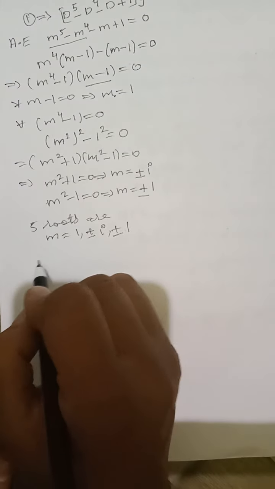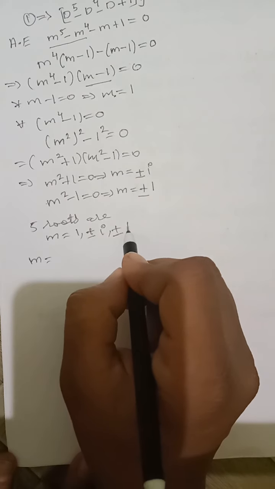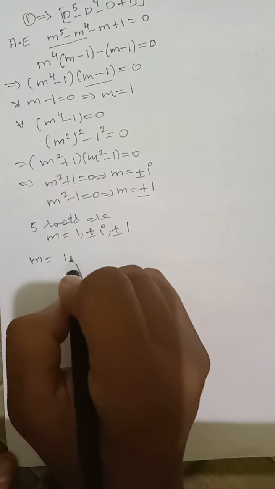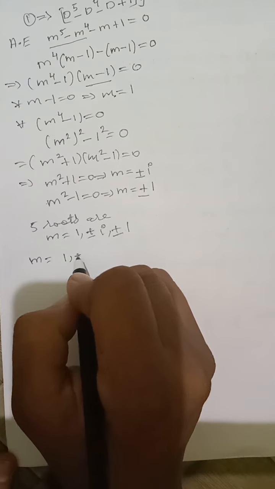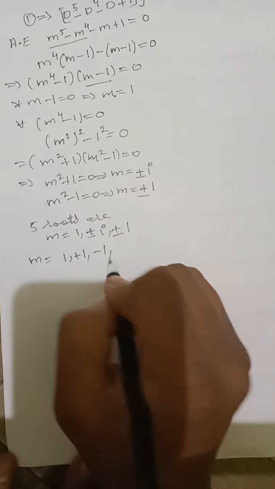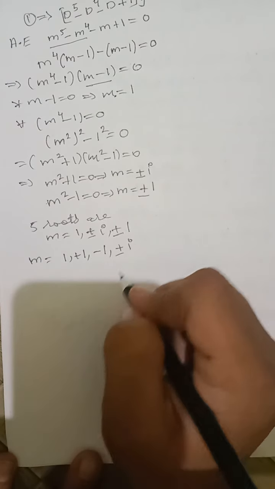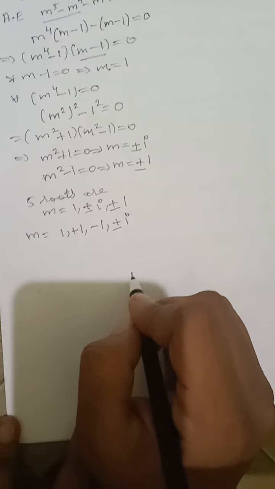I can simplify and write these as 1, one more 1 which is repeated, then minus 1, then plus or minus i.